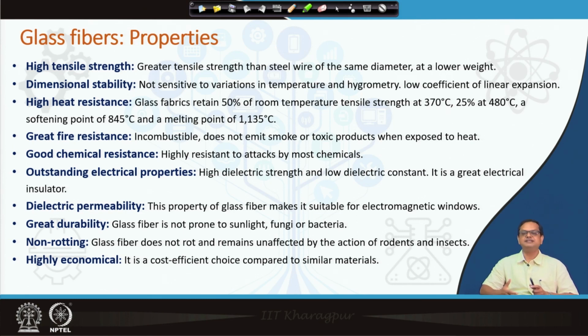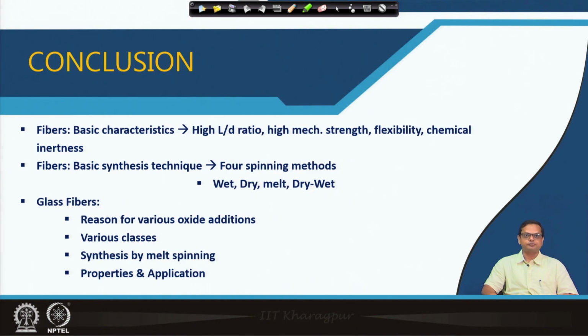Depending upon the composition and the different oxides added, certain glasses also show very good dielectric properties. Above all, glass fibers are economical in terms of synthesis. Making glass fibers is quite easy and economical, and that is why glass fiber is used everywhere.